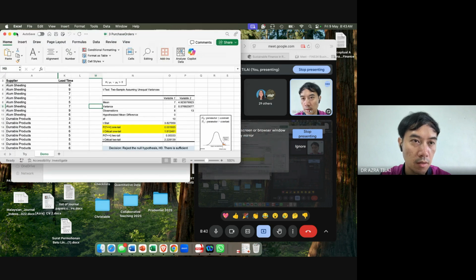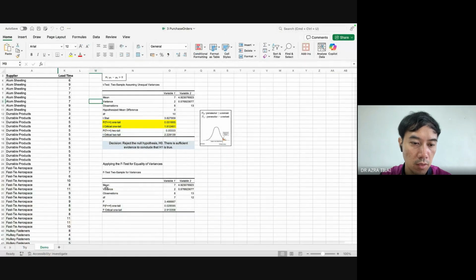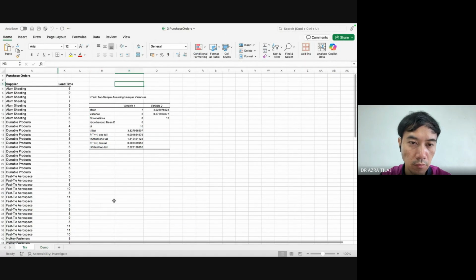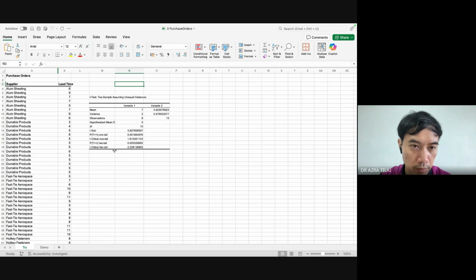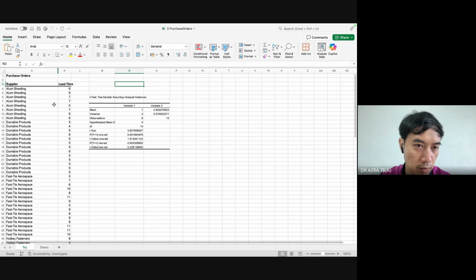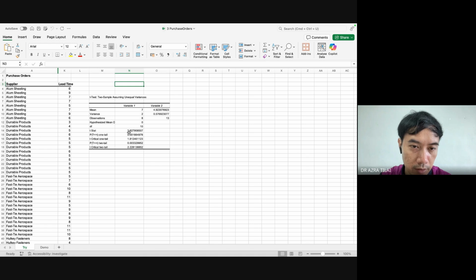Okay, this one. Previously, all of this has been done already. They show you the t-statistic, hypothesis mean, degrees of freedom, observations, the variance, the mean. Mean is the average of all of this in K, lead time.